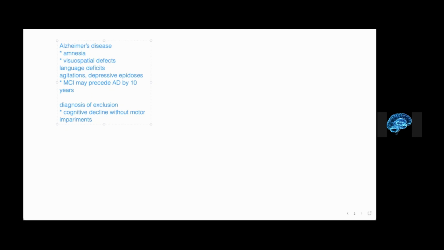So the differentials to consider, or to rule out first before Alzheimer's, which are important. First of all is your vascular dementia. Second of all is your NPH. And your chronic subdural impairment. Okay.